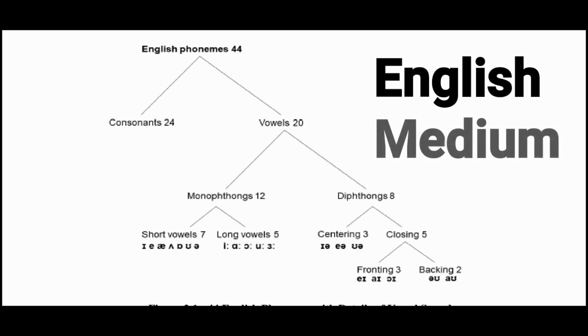And if we classify them further, there are 24 consonants and 20 vowels. I'll repeat it for all of you: 24 consonants and 20 vowels.